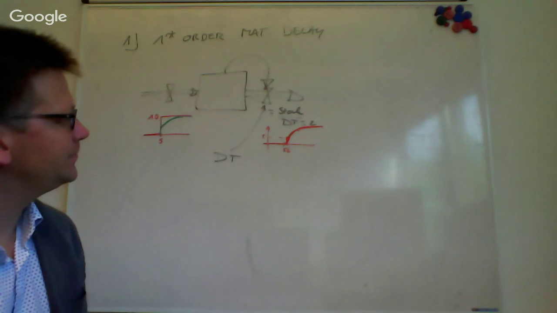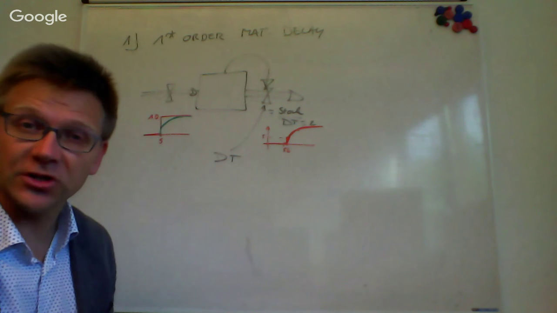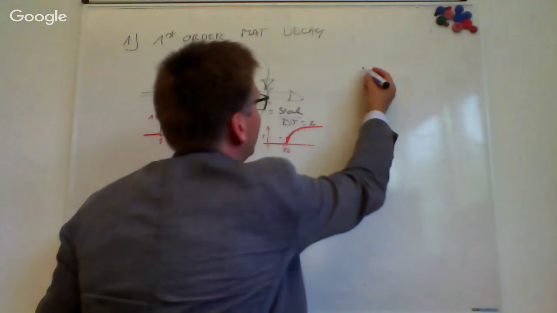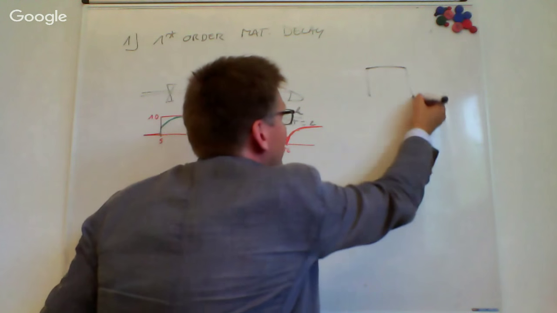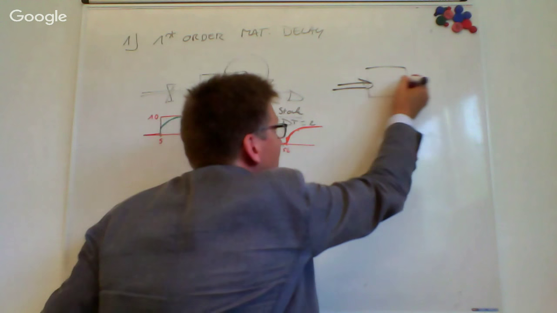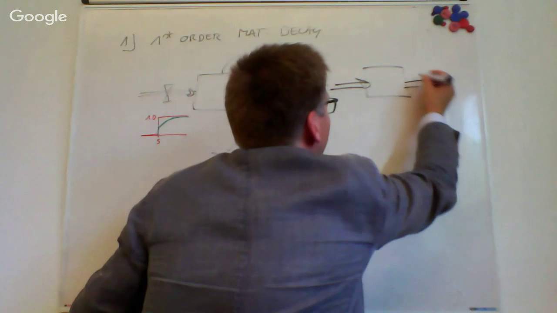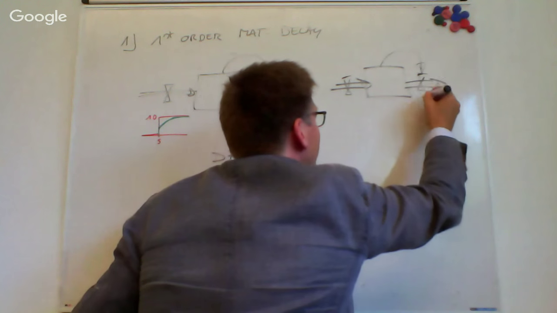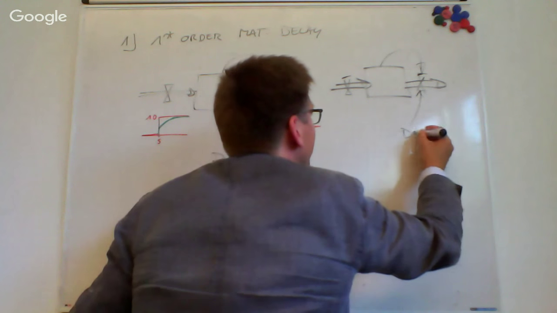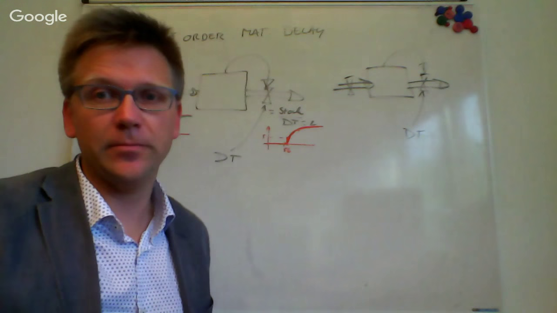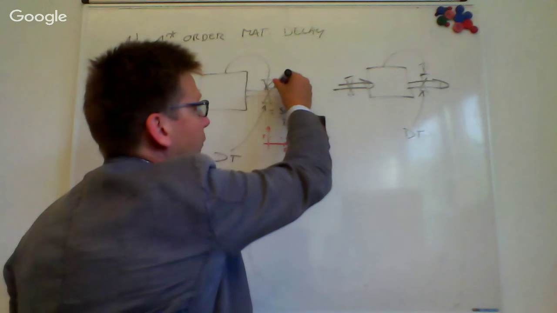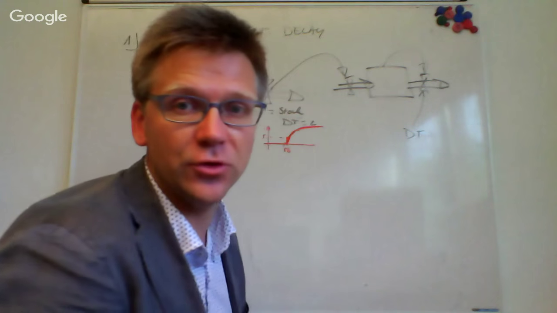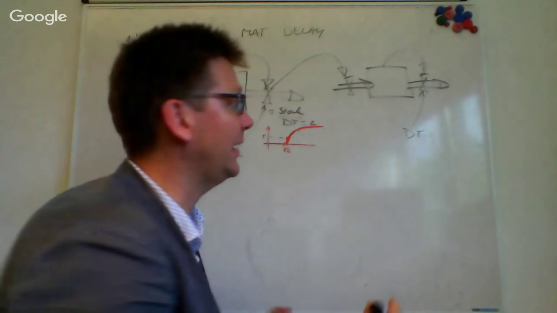Now, a second order material delay is just another one of these delay structures. So let me add one. Whatever flows out of my first order delay is then added to my second first order delay.